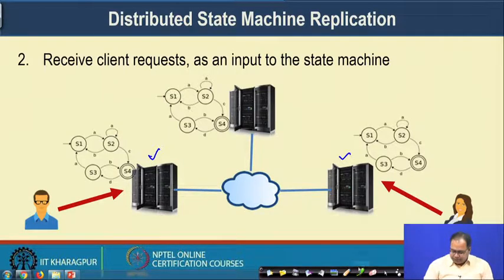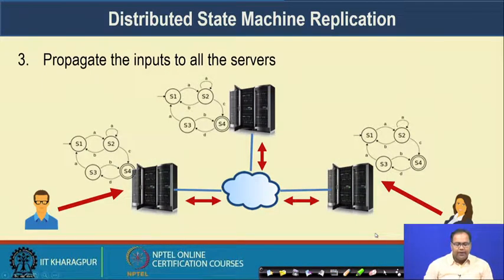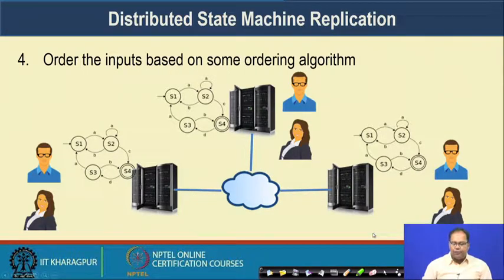So, to achieve this, the state machine replication mechanism works on the principle that you propagate these inputs to all the servers. So, all the servers have the inputs that Bob has transferred the money and Alice has transferred the money. Then you order the inputs based on a certain ordering algorithm. You can have an associated timestamp with every individual transaction.